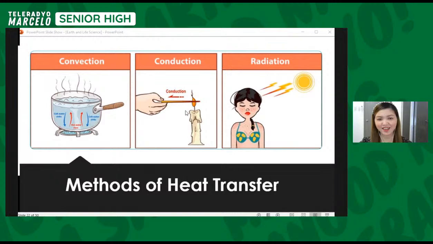For convection, the transfer of heat through a fluid medium, such as water or air, etc. And radiation, the transfer of heat that requires no contact or medium between the source and the receiver, such as with how heat is transferred from the sun to the earth.